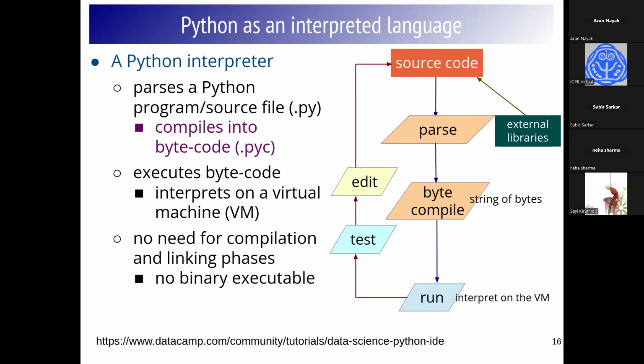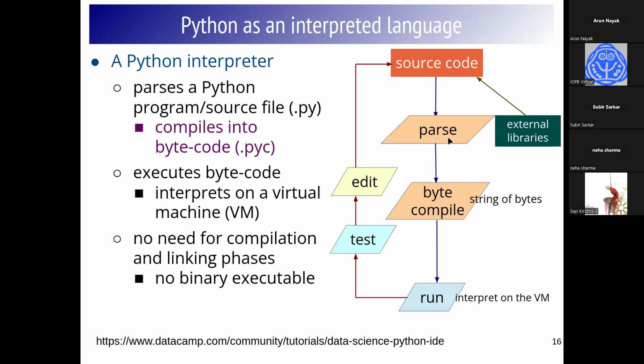You just have to specify the external libraries in a particular way in that source code. Okay, and somehow Python will know where those libraries can be found. Python will know that.